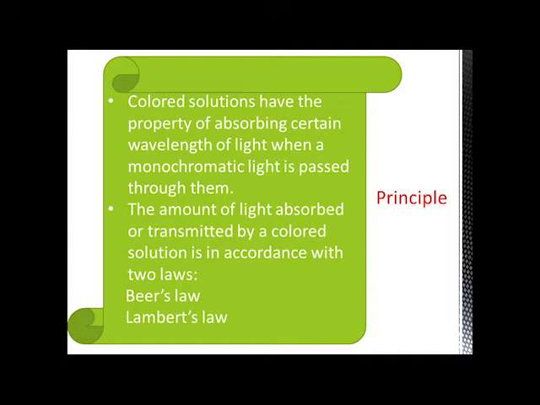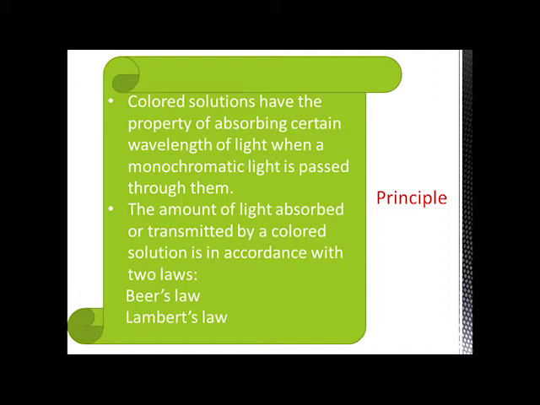The amount of light absorbed or transmitted by that colored solution is in accordance with two laws, Beer's law and Lambert's law. So that's the principle behind the colorimeter.